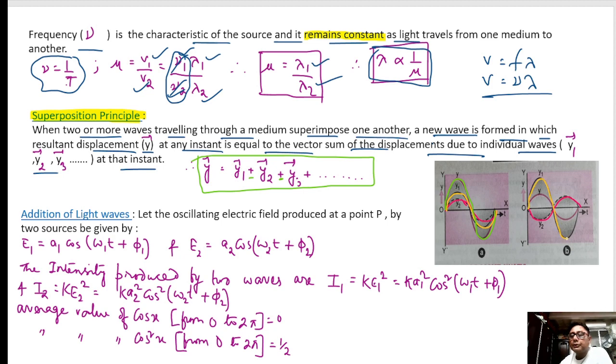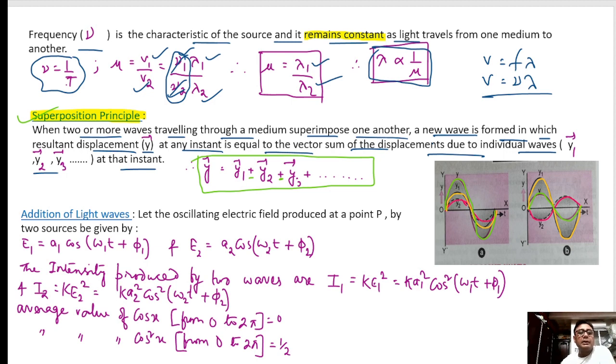They are in opposite directions, so the resultant of these two waves will be the third wave. So this is how the waves superimpose, and that is called the superposition principle.